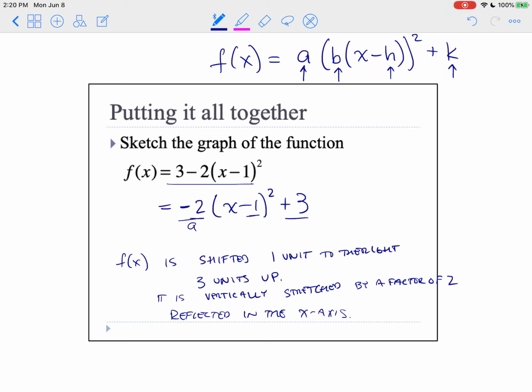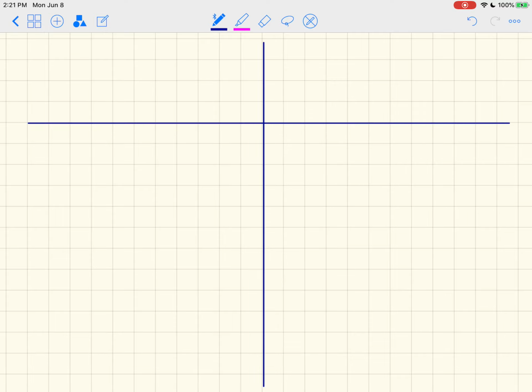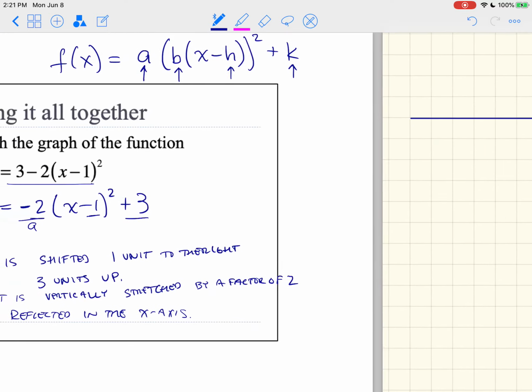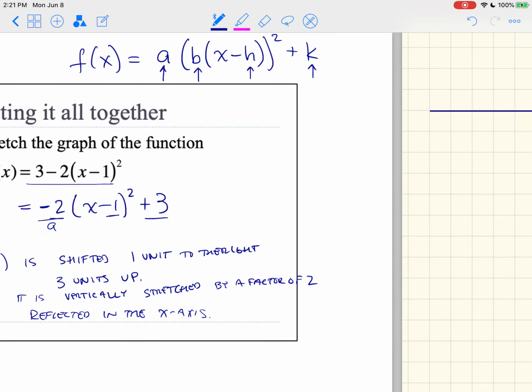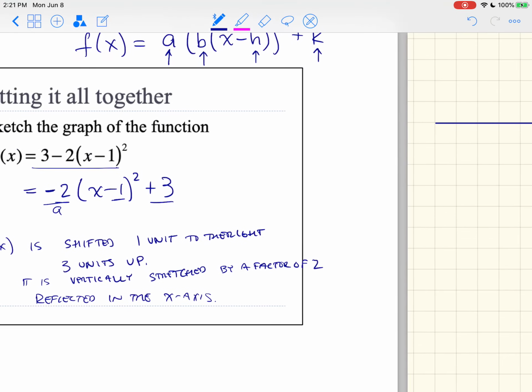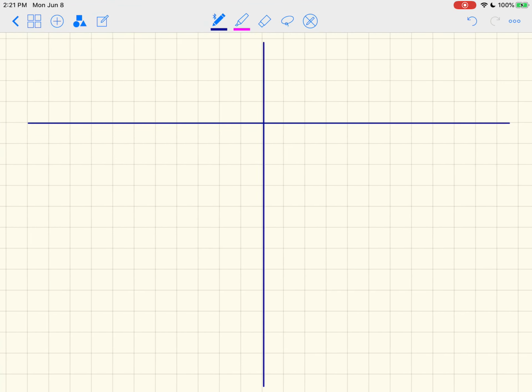So let's go ahead and now graph this thing that I just described. So here we have our graph. And because I described it first, it helps me come up with the correct scale and everything. I know I'm shifted 3 up. So let me just rewrite the function.